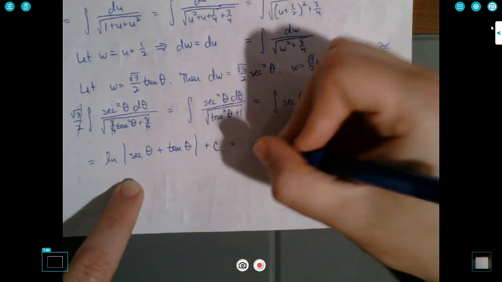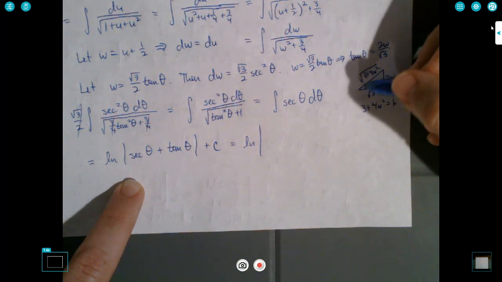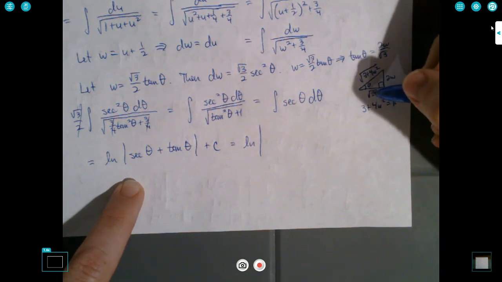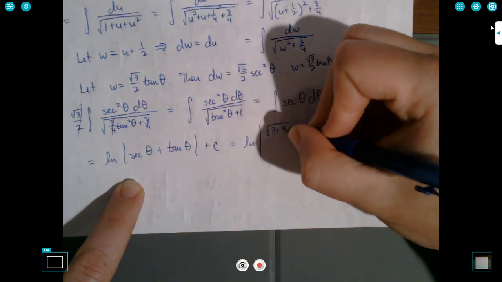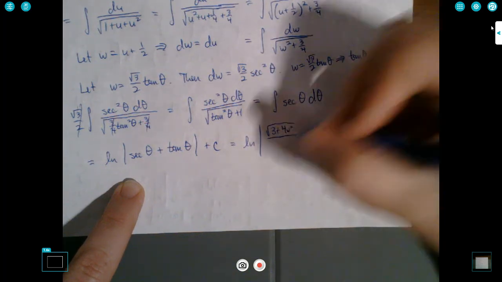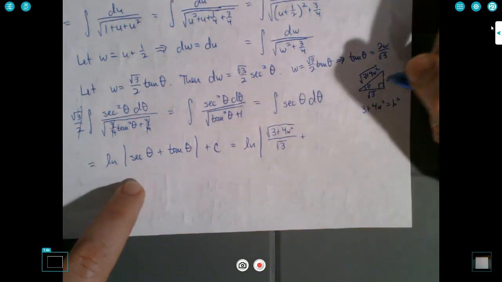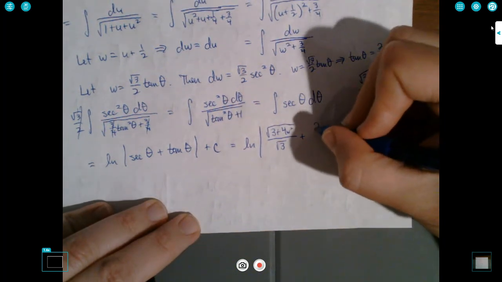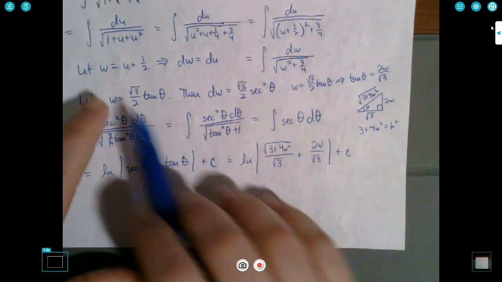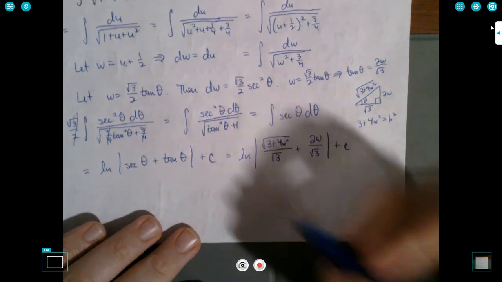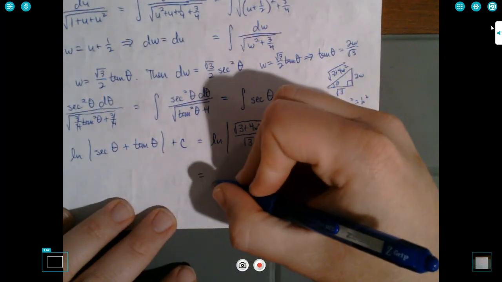Okay, so then coming back here, we've got natural log of absolute value of secant theta, which would be hypotenuse over adjacent. So that's root 3 plus 4w squared over root 3. So there's secant theta plus tangent theta. Tangent theta is 2w over root 3 plus c. Now w was u plus 1/2, and u was e to the x. So I'm just going to cut to the chase.